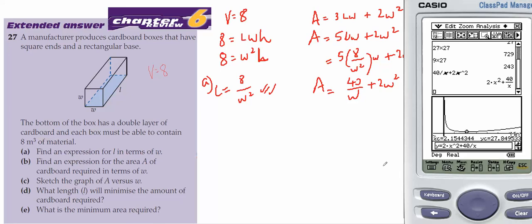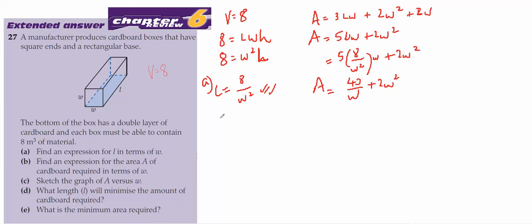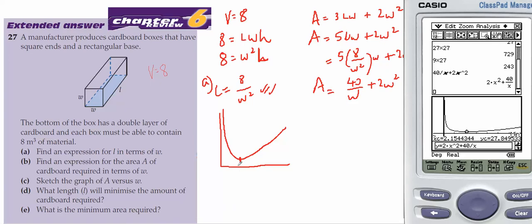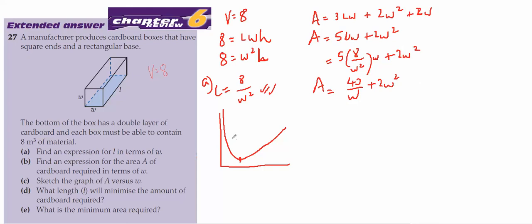So if I'm looking at a graph for me to draw, the coordinates there will be 2.15, 27.85. That's surface area against the width.